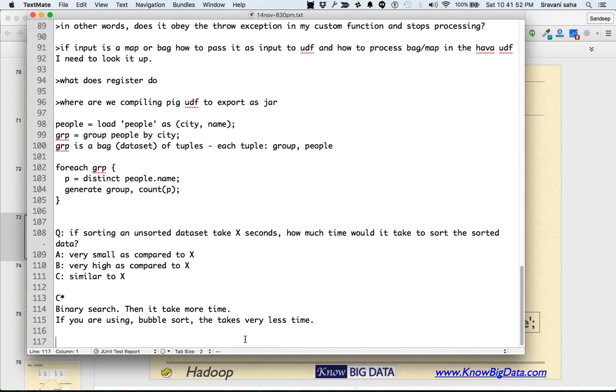Is it sorted? Therefore, if it is given sorted data, in a single pass it will figure out that it's already sorted. So bubble sort takes a very small time to sort sorted data, but a very high time to sort unsorted data. Therefore, bubble sort is generally not used.